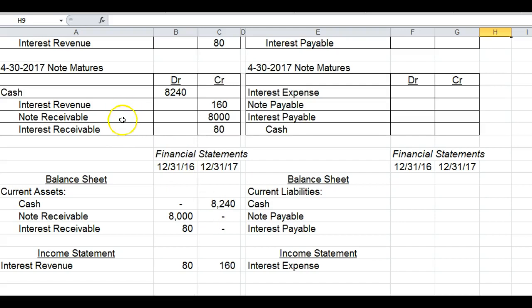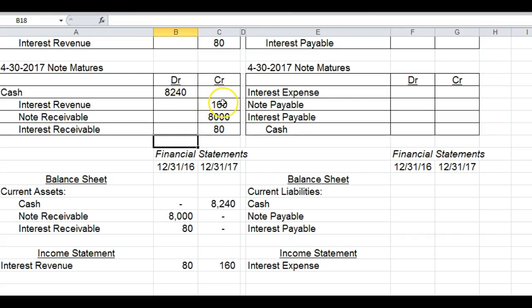So the note receivable went down $8,000, so we credit that. And likewise, the interest receivable, after we collect our money, we won't have any of that left over at the end of 2017. So we reduce notes receivable for its balance at the end of 2016 and reduce interest receivable for its balance. So these two go down. And then we record 4 months of interest.